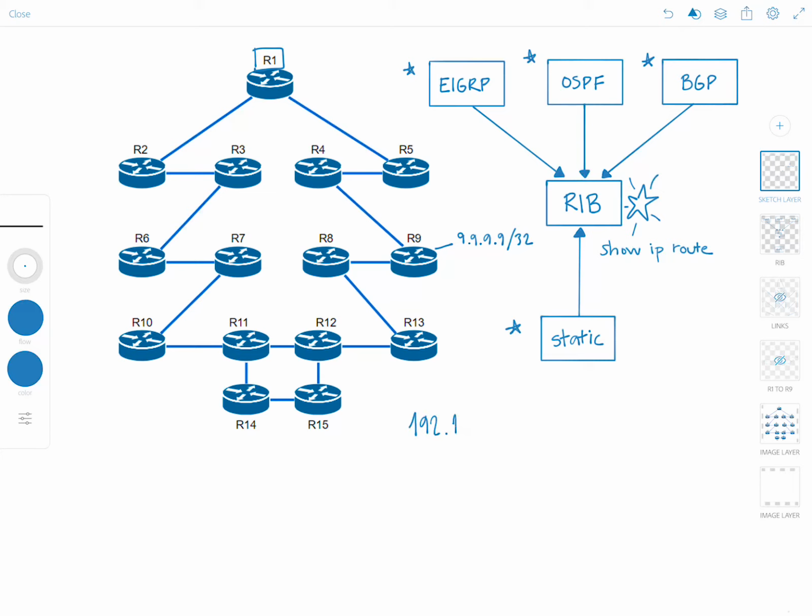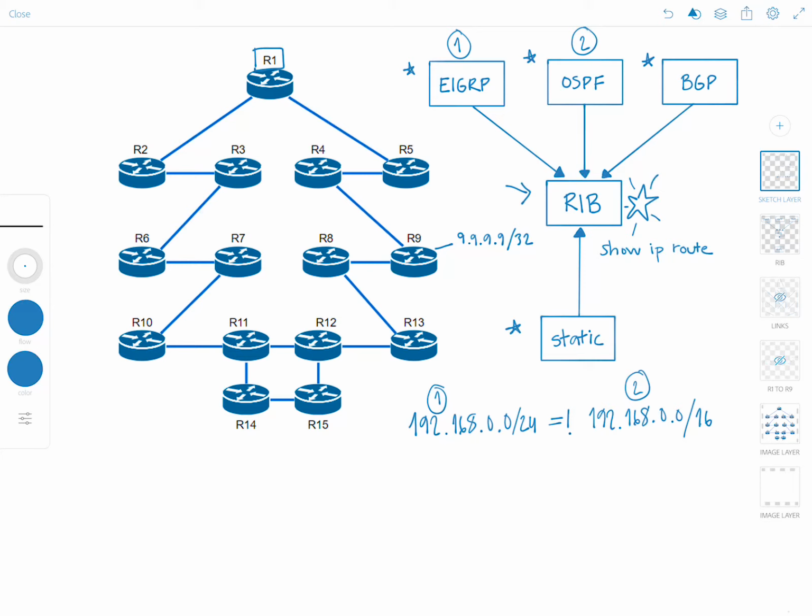So 192.168.0.0/24 is not equal to 192.168.0.0/16. So in case this route was learned through EIGRP, and let's say this one was learned through OSPF, then both would get installed into the routing table.